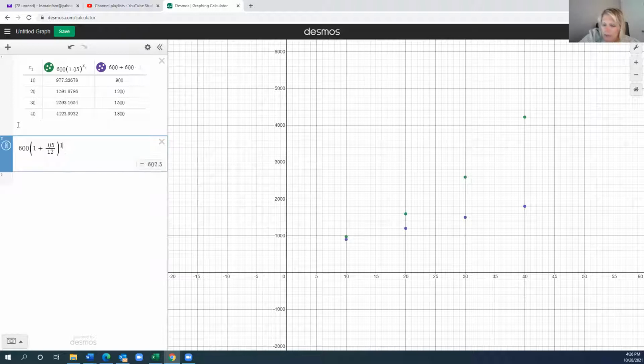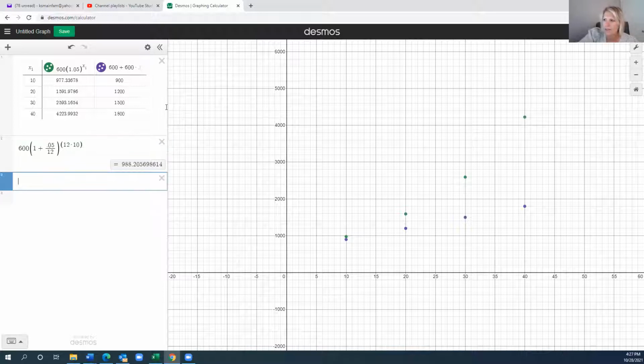And now you need to put that in parentheses so that they're both up in the exponent. So we would have monthly compounding would give us $988.21. So a little bit more, about $2 more, right? Just over $2 more.